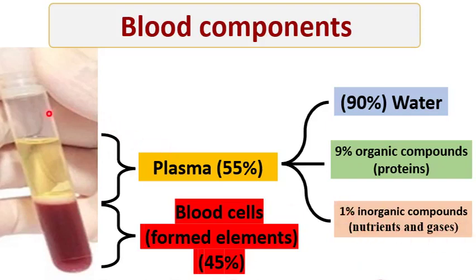So generally blood is formed from plasma, representing 55%, and the blood cells, forming 45%. Plasma contains 90% water, 9% organic compounds as proteins, and 1% inorganic compounds as nutrients and gases like oxygen and carbon dioxide.